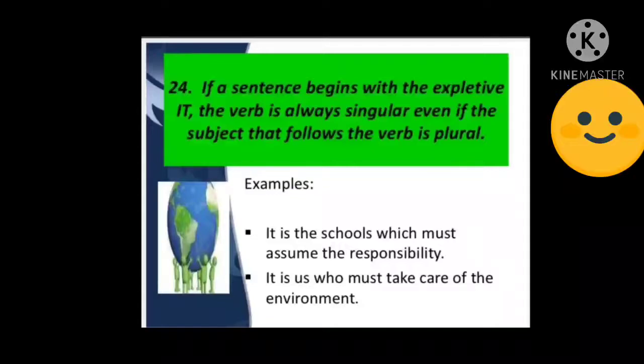"It" is actually a plural pronoun here, but we must use singular only. "It is", irrespective of the subject that follows it, we go with singular. It is the schools who must take care of the environment.